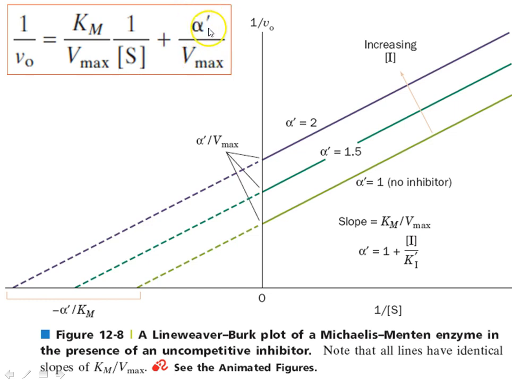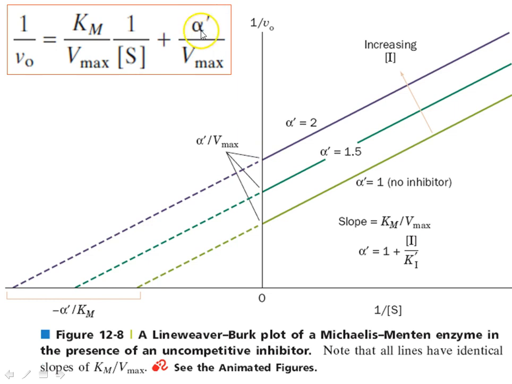The higher the inhibitor concentration, the higher this y-intercept. Without inhibitor, this is the green line, where alpha prime is equal to 1. Then with more inhibitor, the intercept on the y-axis increases with alpha prime.